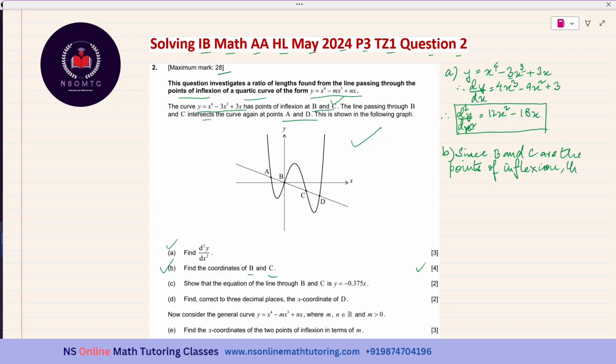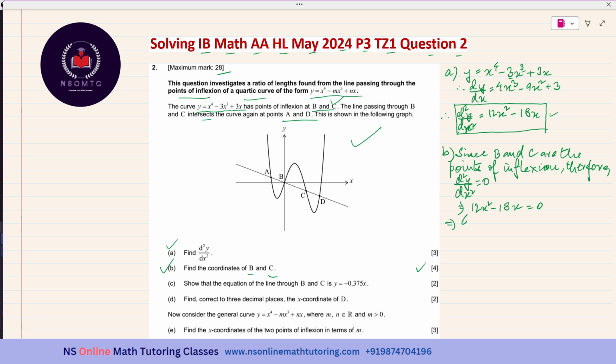Therefore d2y by dx squared will be equal to 0. The expression for d2y by dx squared is this, so 12x squared minus 18x will be equal to 0.